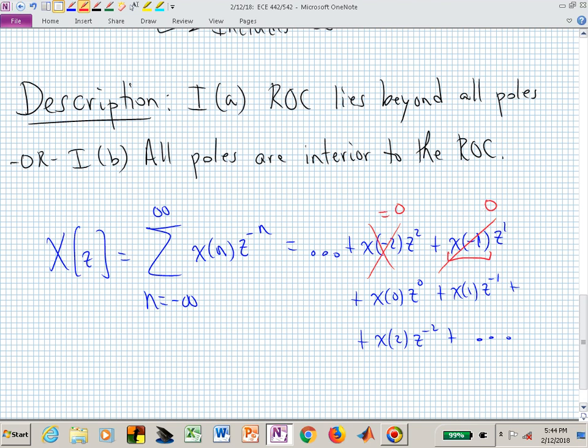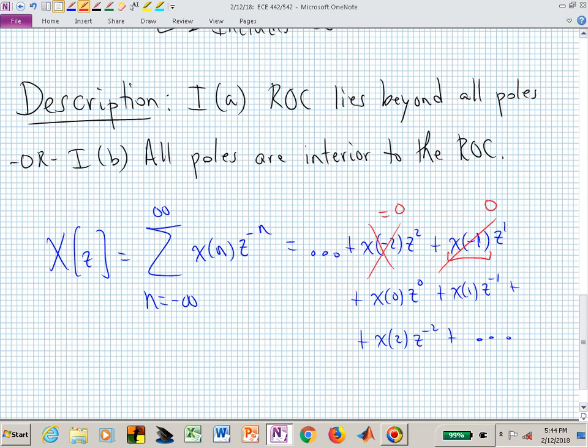Do you see what's happening to the left on all of these terms for this unbounded region of convergence? That's forcing all of those sequence values, x of minus 2, x of minus 3, x of minus 4, to be 0.